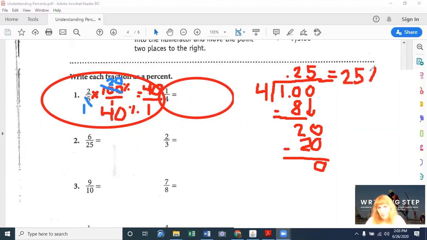And that's a very common one to know, that 1/4 is 25%, 1/2 is 50%, 3/4, like we did in our example, is 75%. So there's that one. We could use the first method on this one, so let's see how that looks. It would be 1/4, just a few less steps using this method, times 100% over 1.